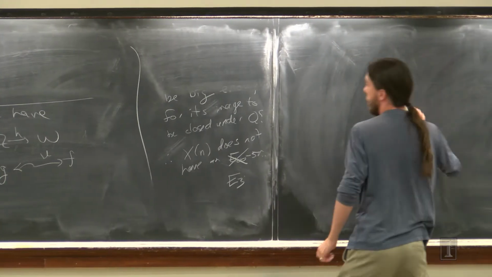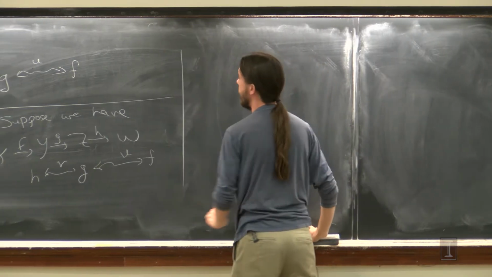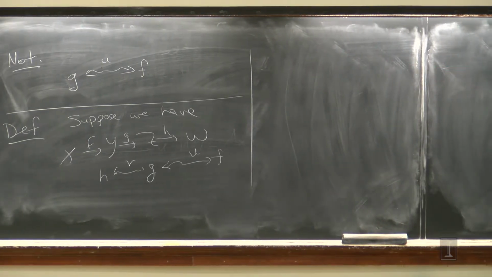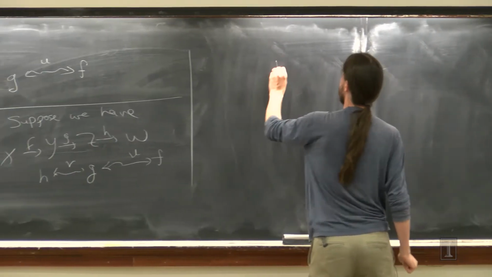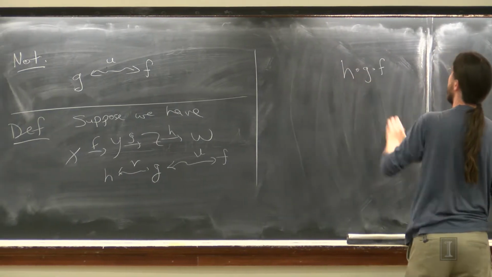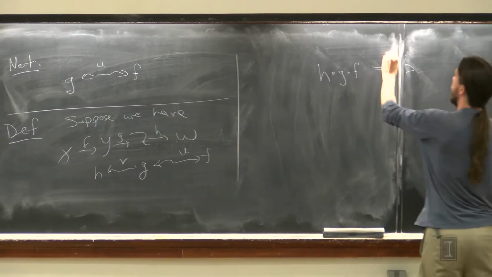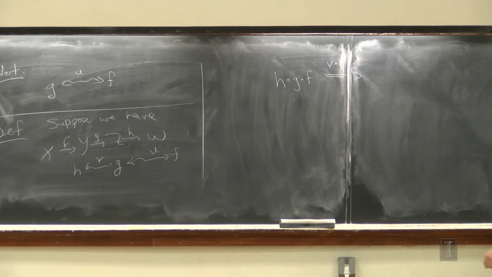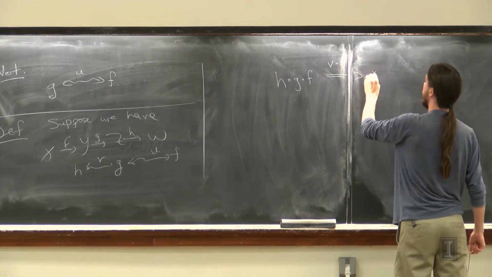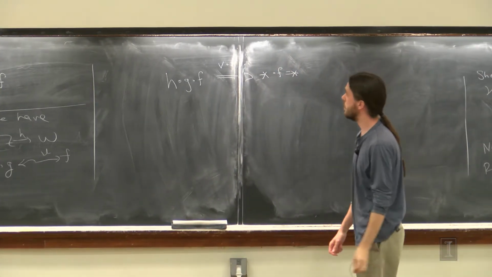So then, the yoga of secondary operations says that H composed with G composed with F is the null map up to homotopy for 2 reasons. So H composed with G composed with F has 2 homotopies. One of them is F composed with the homotopy V. That's a homotopy to the base point composed with F, which is the base point.